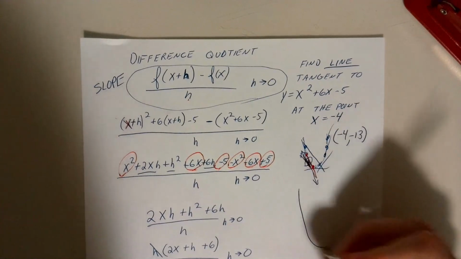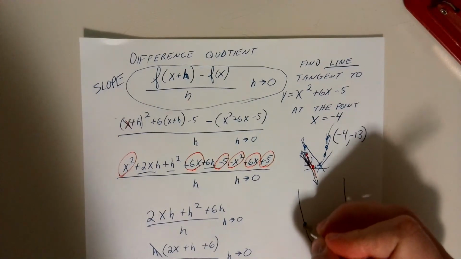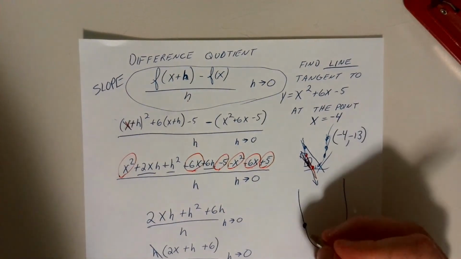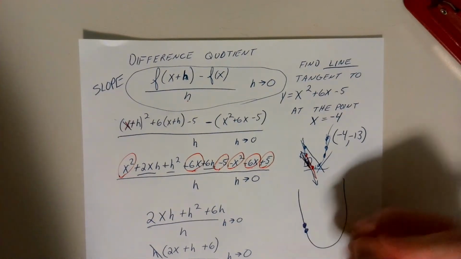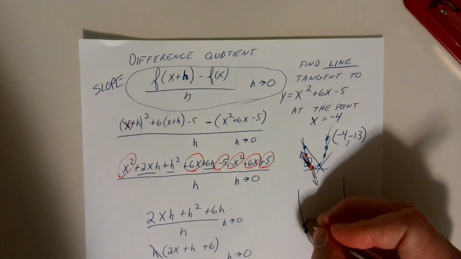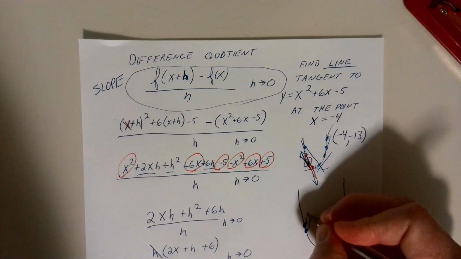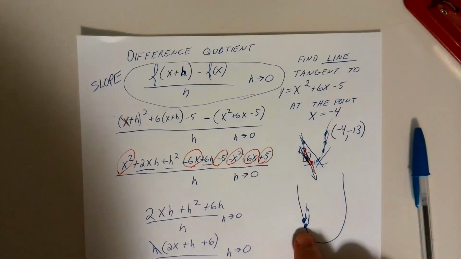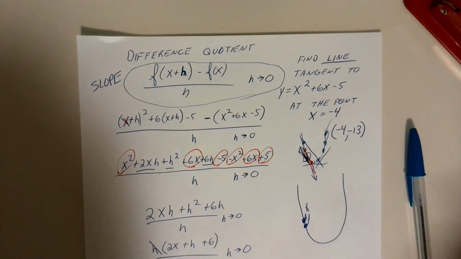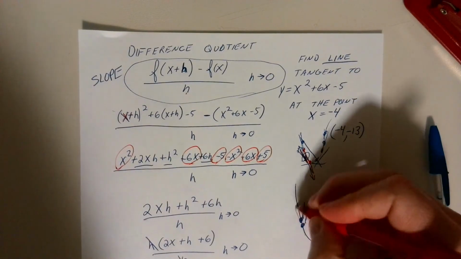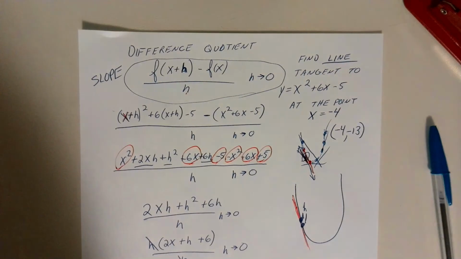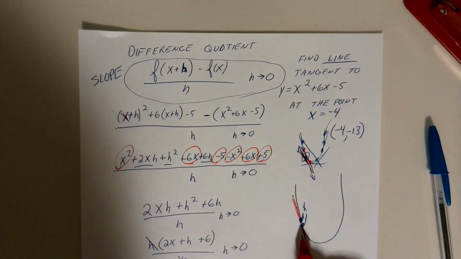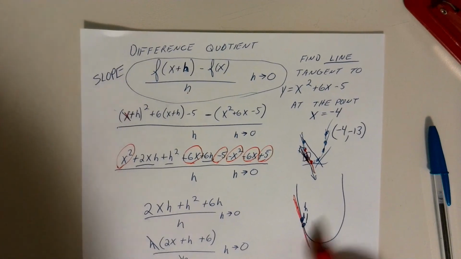The process is, given any point on the parabola, we try and find a point that's so close to it that the x value change right here, we're going to call h, is so small that it's almost insignificant. And then we can find the slope between those 2 points like that. And that slope we can use for all of them.